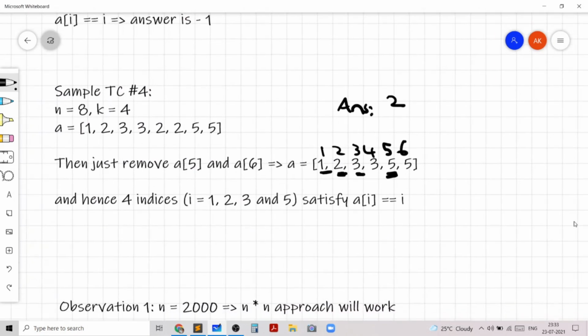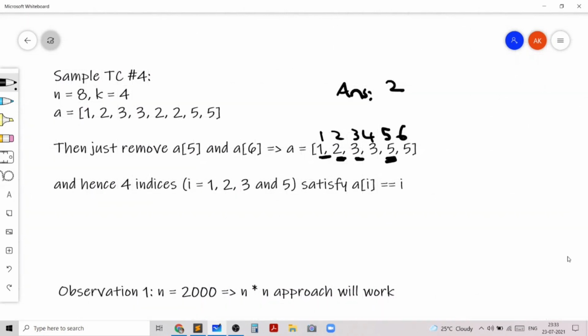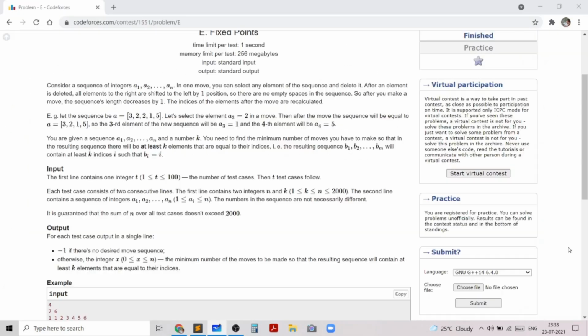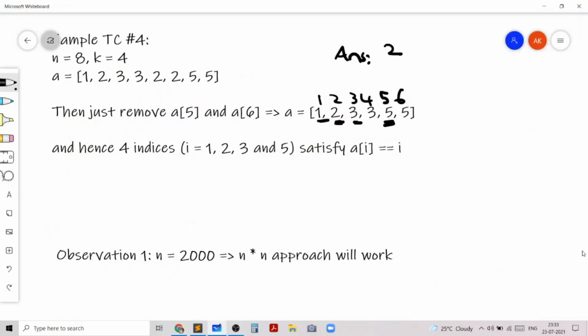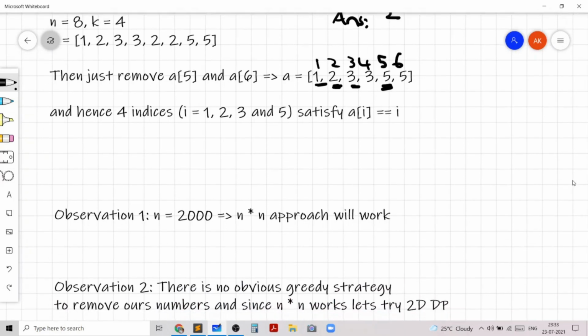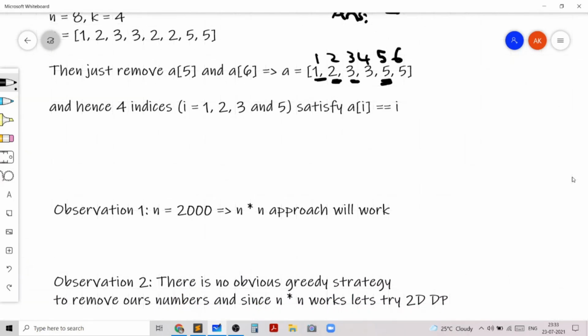So that's our first observation. Based on this observation, we can say that a 2D DP with parameters n and n will work, and we don't have any obvious greedy strategy. Because we don't have any obvious greedy strategy, and because n is 2000, we'll try a 2D DP strategy.